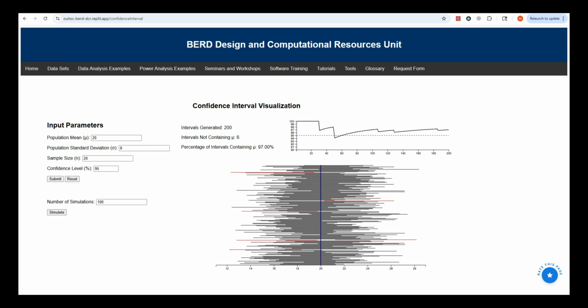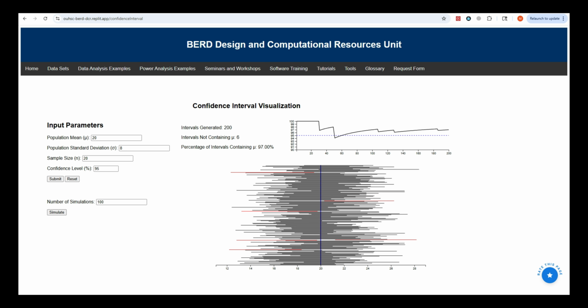There's a probability contained in that statement, but the probability pertains to the intervals that are constructed. 95% of the intervals we construct in this way will contain the true parameter of interest.